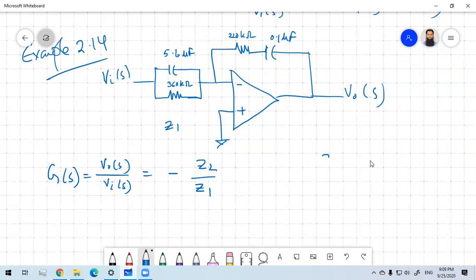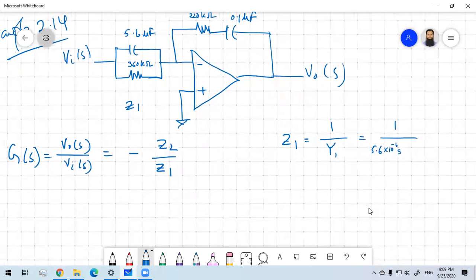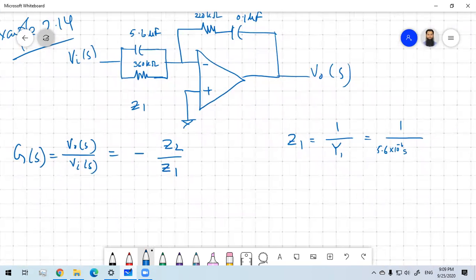So what is Z1? You can find it out as an impedance, 1 by impedance. Since they are in parallel, the admittances can be added together. So basically 5.6 into 10 to the power minus 6 into s, the admittance, basically the susceptance, of your capacitor.